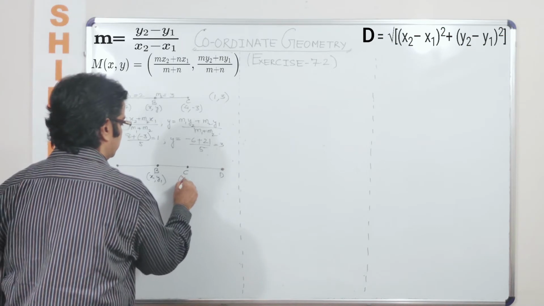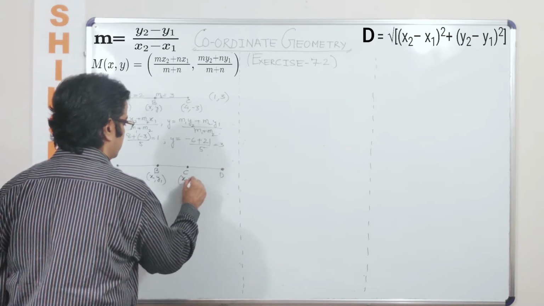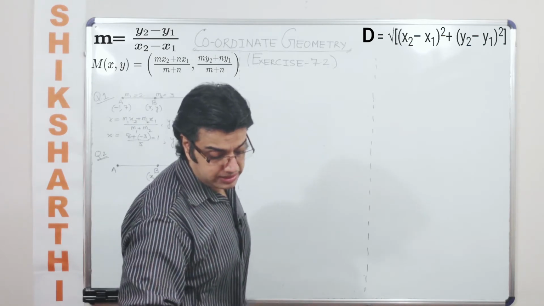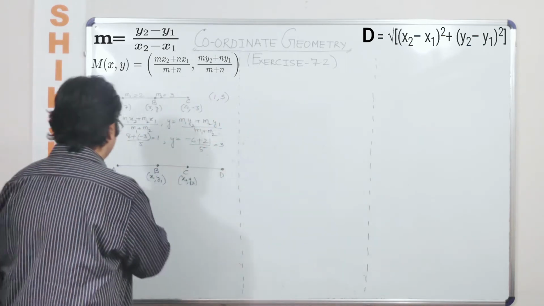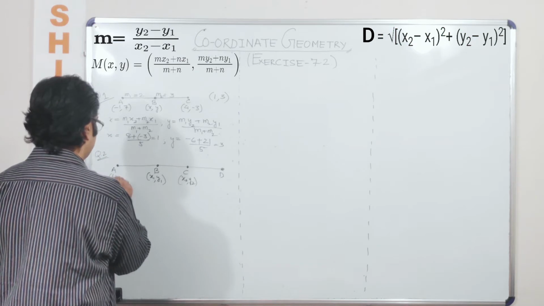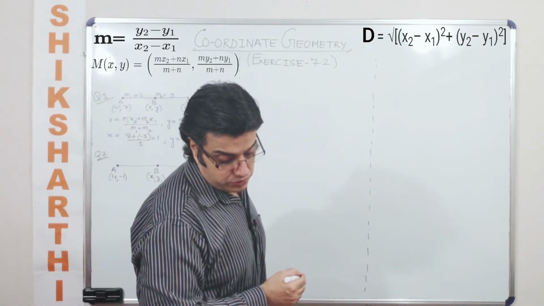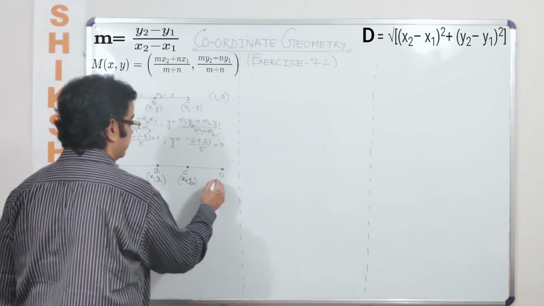So let's say this is x2, y2. And then what they are giving you is the line segment joining 4, -1 and -2, -3.